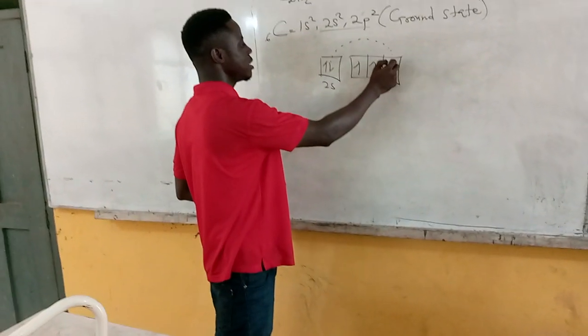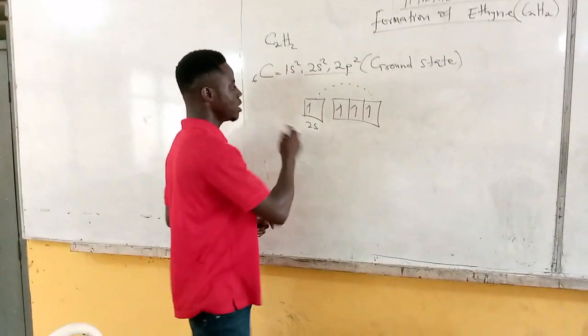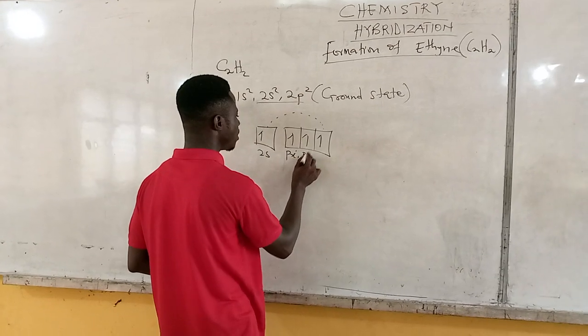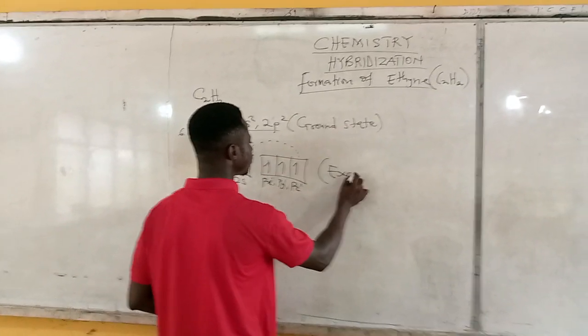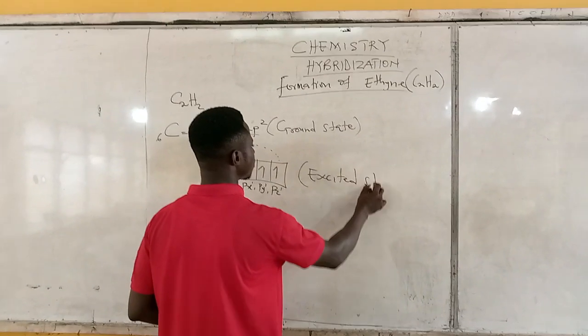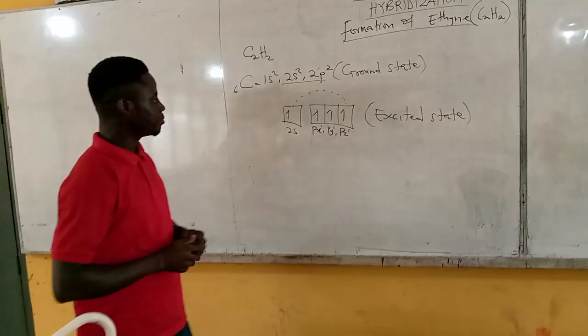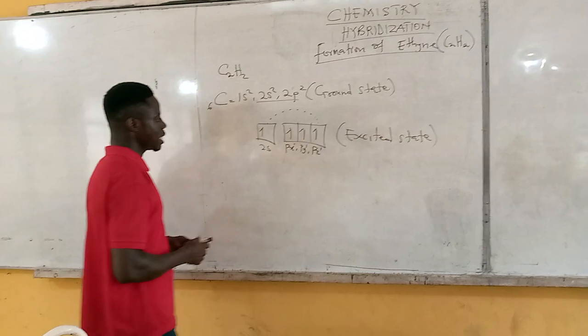So it has been promoted here, and this will eventually vanish. This electronic configuration, px1, py1, and pz1, is called the excited state electronic configuration.